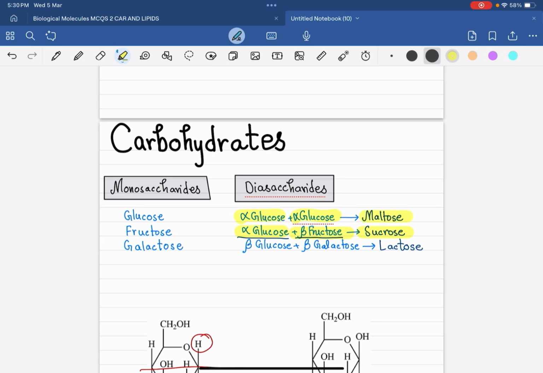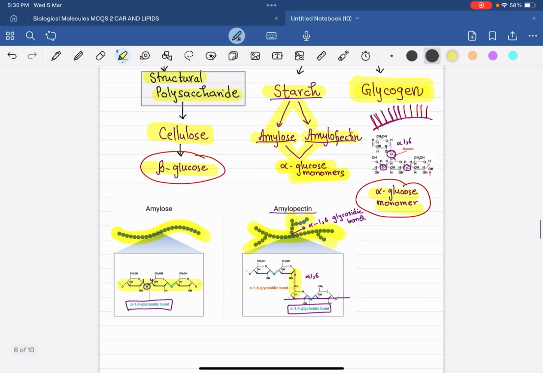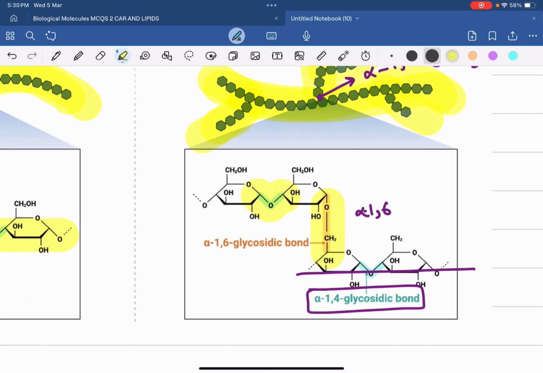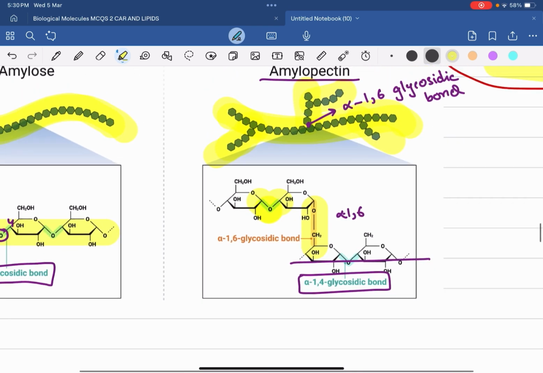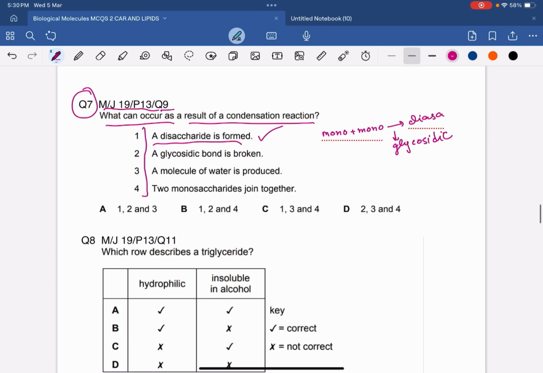These 2 monosaccharides combine together to form maltose, and it gives the glycosidic bond. For example, over here you can see that this is the glycosidic bond, this O-C, right? A glycosidic bond is formed. Yes, I already told you guys that a glycosidic bond is also formed in the condensation reaction.